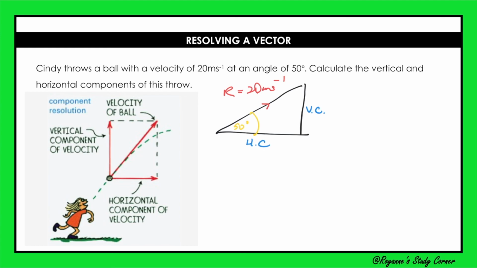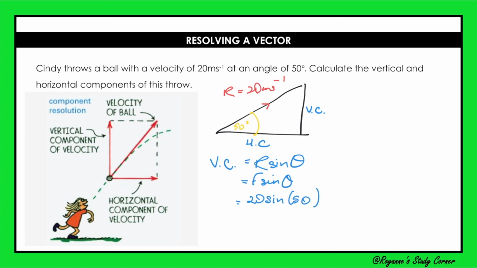So we just use our formulas again. Vertical component is equal to, I'll put R in this case, R sine theta, or you could put F sine theta, it really is up to you. So the resultant is 20 sine 50.